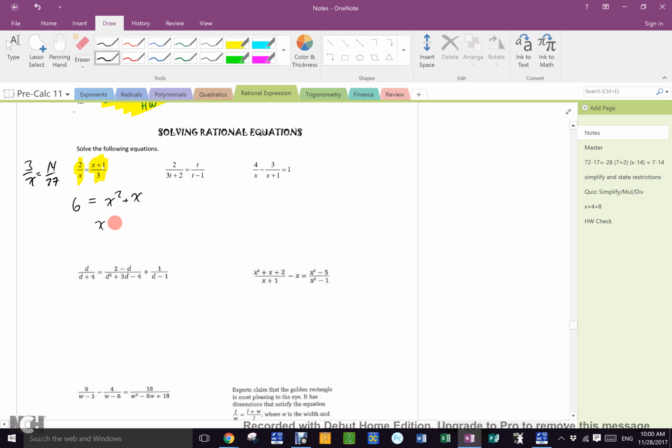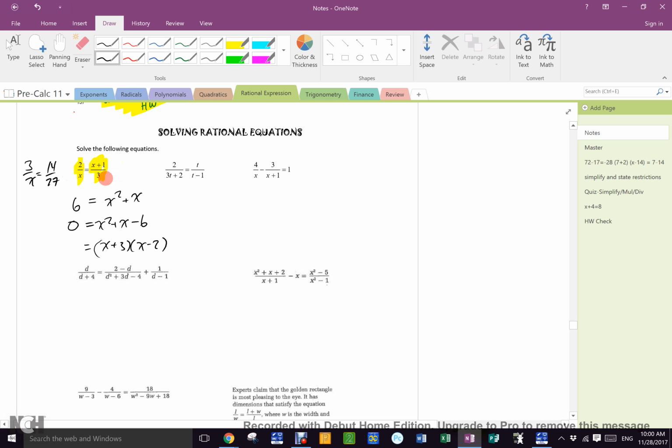So x squared plus x minus 6 equals 0, yes? And x squared plus x minus 6, if I factor that, x plus 3, x minus 2. So x had to be negative 3 and positive 2, right? Everybody good?